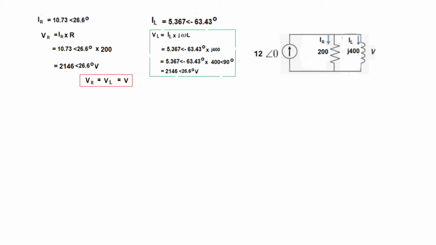So we have found the two phasor currents and the two phasor voltages. And now, since we have to find the power at t equal to 1 millisecond, time is coming back. We have to find the power being absorbed, and therefore we now convert back, or move back, into the time domain.